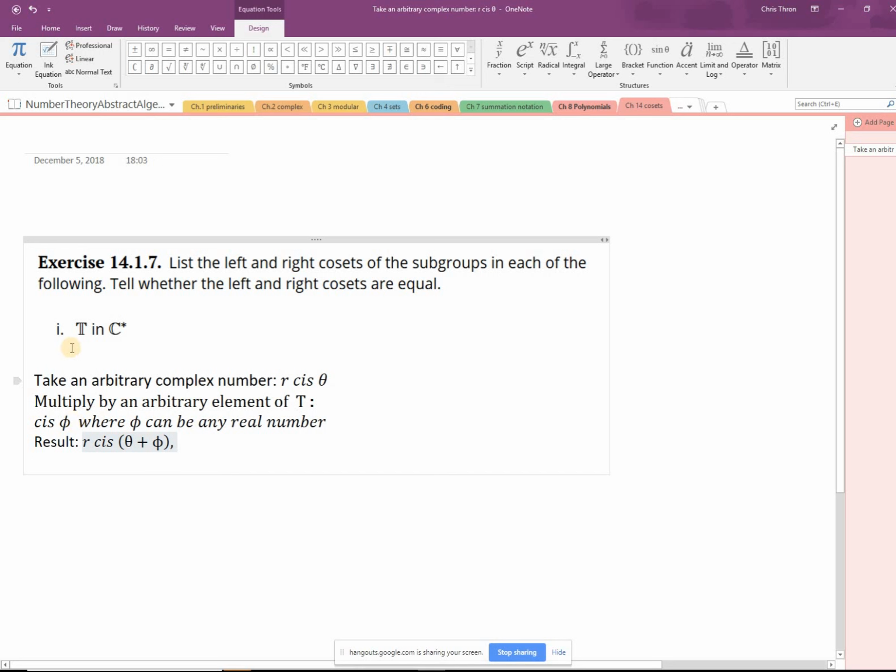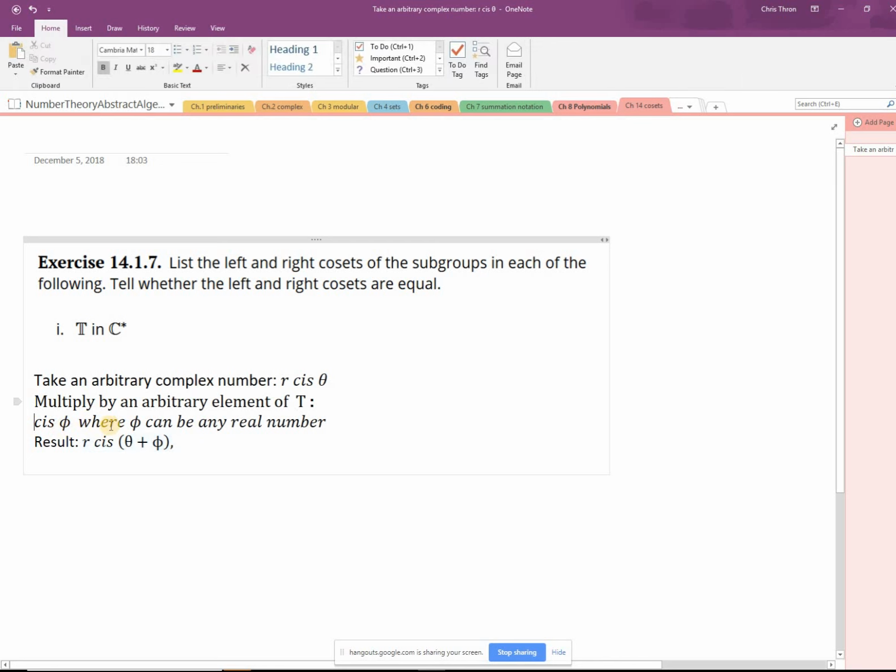When you take the coset, you're multiplying everything in the subgroup by this one number r cis theta. So here, let me put set brackets around this, because really that's what we're talking about. All right.